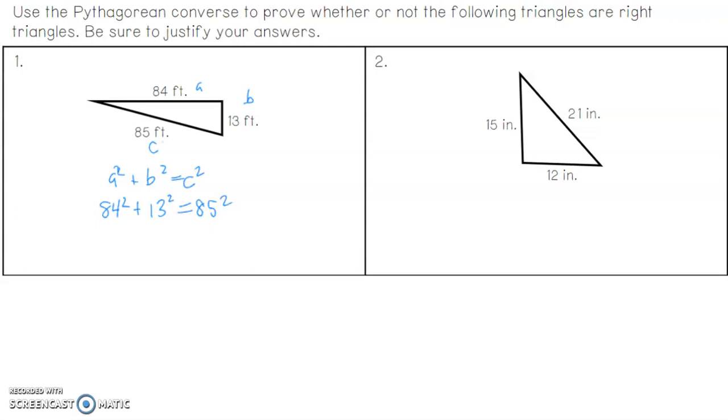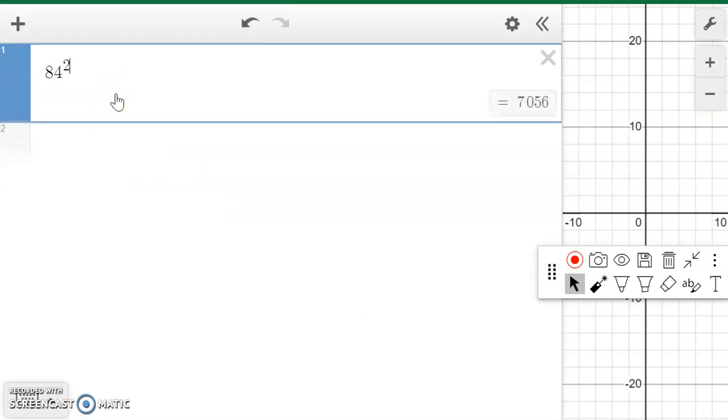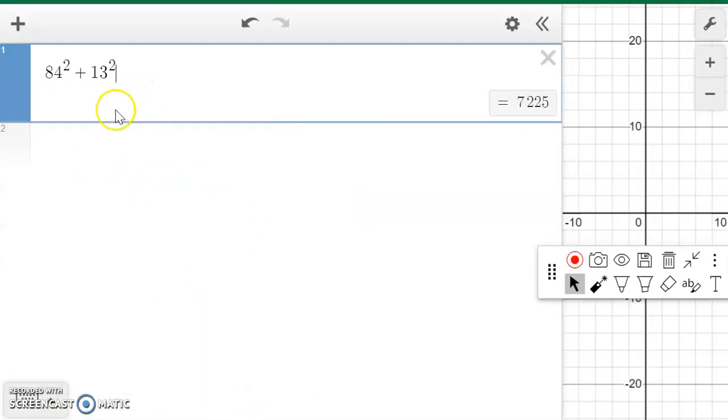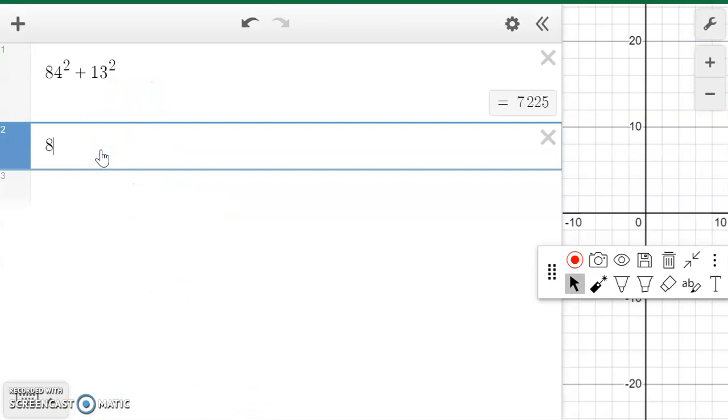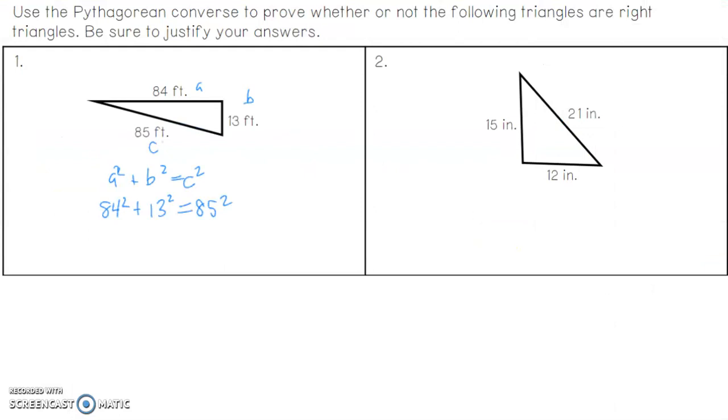So I'm just going to hop into Desmos here. 84 squared plus 13 squared is 7,225. And then 85 squared is also 7,225.